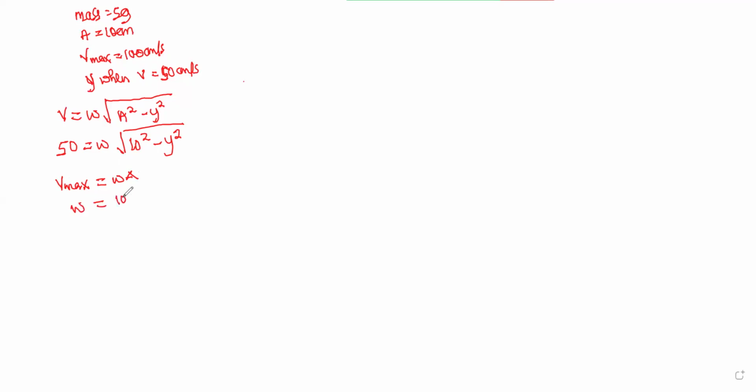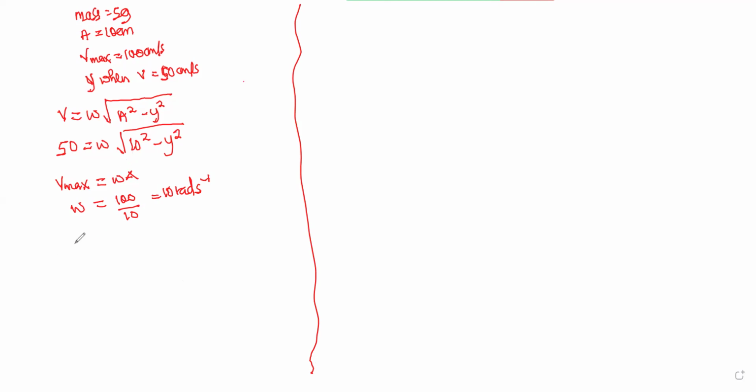So 100 divided by the amplitude, which is 10, would give us 10 radian per second for angular velocity omega, or the angular speed. Therefore, once we have omega, we can find y.